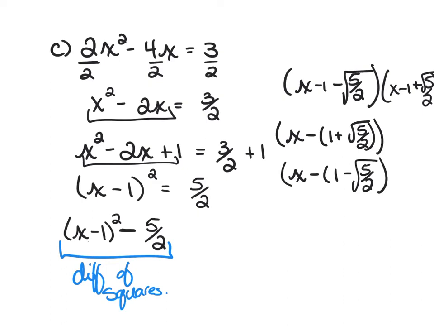Okay, so you end up getting that x is going to be equal to 1 plus root 5 over 2, or x is equal to 1 minus the whole root 5 over 2, sorry. So that is how you do part C. Just keep in mind that you have the difference of squares.